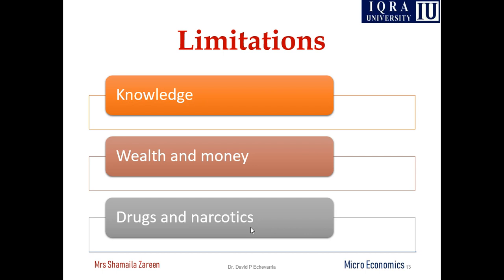In these cases, if the person is getting more of it, the desire to get any more of it will not fall, but it will increase. In case of knowledge, if you are getting knowledge, the desire to get any more of it will increase. In case of money, this phenomenon will be applicable, and in case of drugs and narcotics, this will also be applicable.